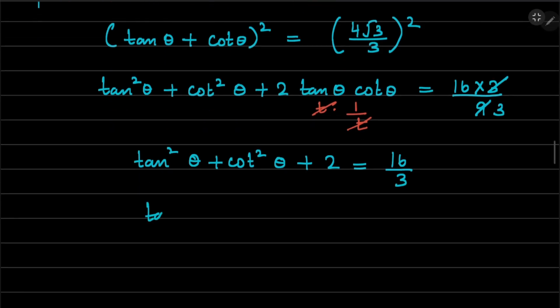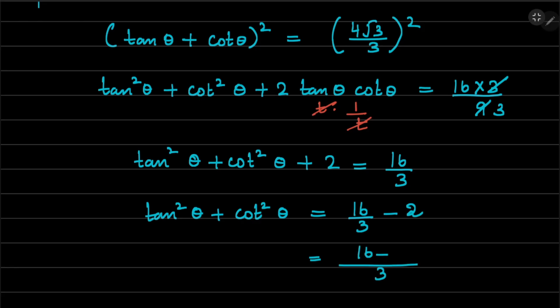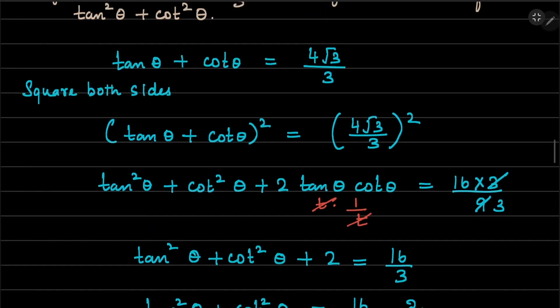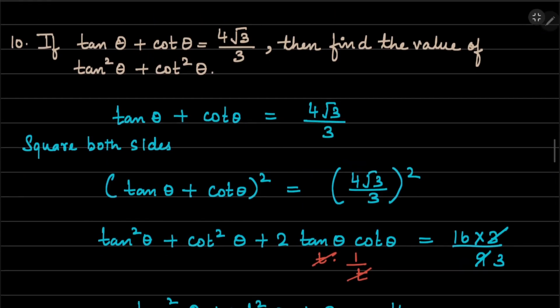So what is tan square theta plus cot square theta is equal to 16 divided by 3 minus 2. When you take the LCM, 3, so you have numerator, the first term is 16 minus, 3 2s are 6. So 16 minus 6, 10 by 3. That's your answer. Right? Again, very, very easy question, very straightforward question.